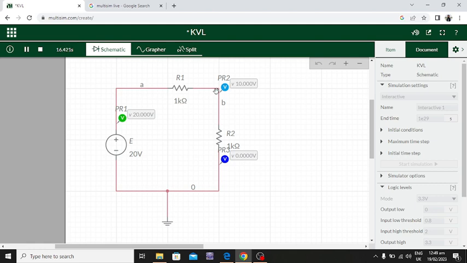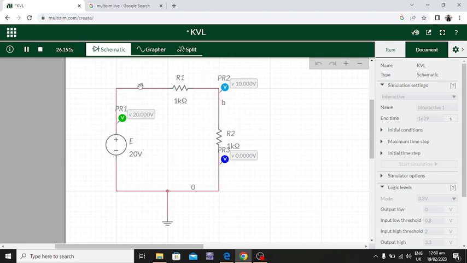Here 10 volts is dropped, and the remaining 10 volts comes across resistor 2, where this 10 volts is also dropped, because both are 1 kilo ohm, the resistor values are the same, so all the voltage that rises here has been dropped across these resistors.